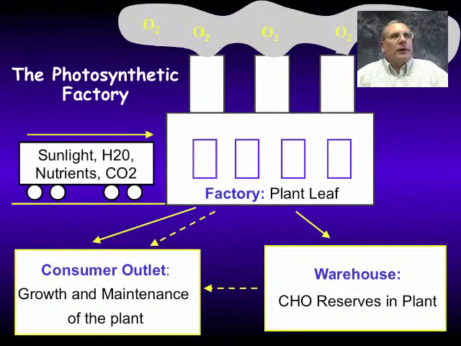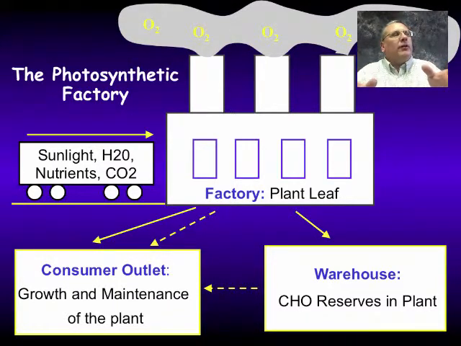To produce a product, we have to have raw materials. Our raw materials are sunlight, water, nutrients, and carbon dioxide. They go into the factory, and then we produce our product, which is sugars and carbohydrates. In this example, we abbreviate carbohydrates CHO. So we're producing sugars and carbohydrates in our photosynthetic factory. An important byproduct for us, again, is oxygen, which is coming out the stacks on the factory.